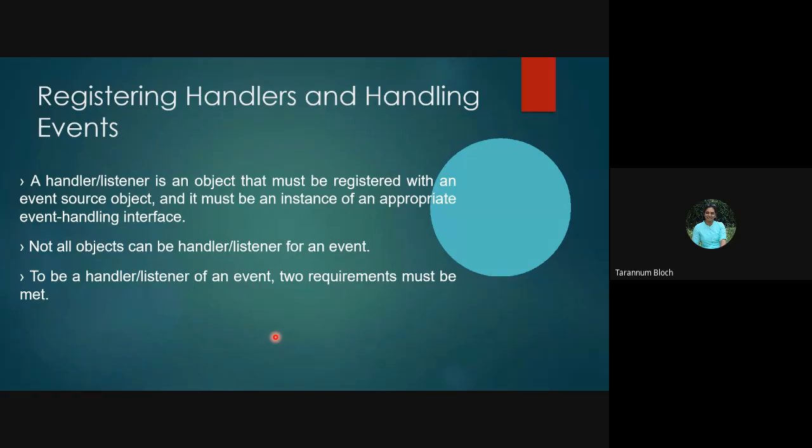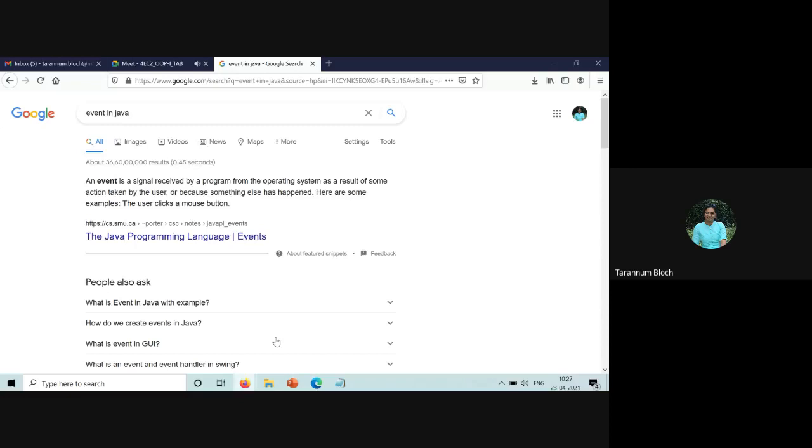You must register it with your event source object, and it must be an instance of an appropriate event handling interface. And it's not necessary that all objects can have a handler or listener for the events.